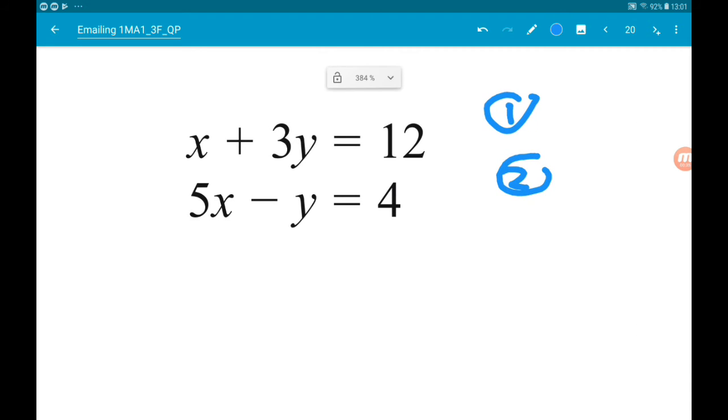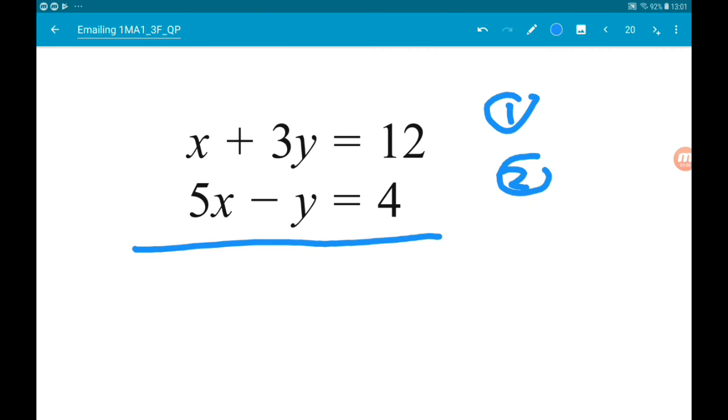Now what we need to do is get one equation in terms of just one letter. To do that, we need two equations with the same amount of the same letter, so we can then get rid of it. So we can go for either x or y.